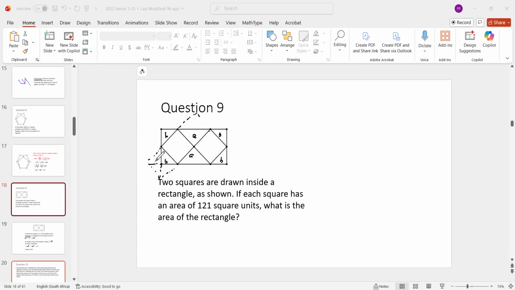All your B's are here, and these 2 A's are there. So you have this square plus that square plus that square plus that square. So if you cut and paste, the answer will be 4 times the area of the square, which is 121. That's 484.